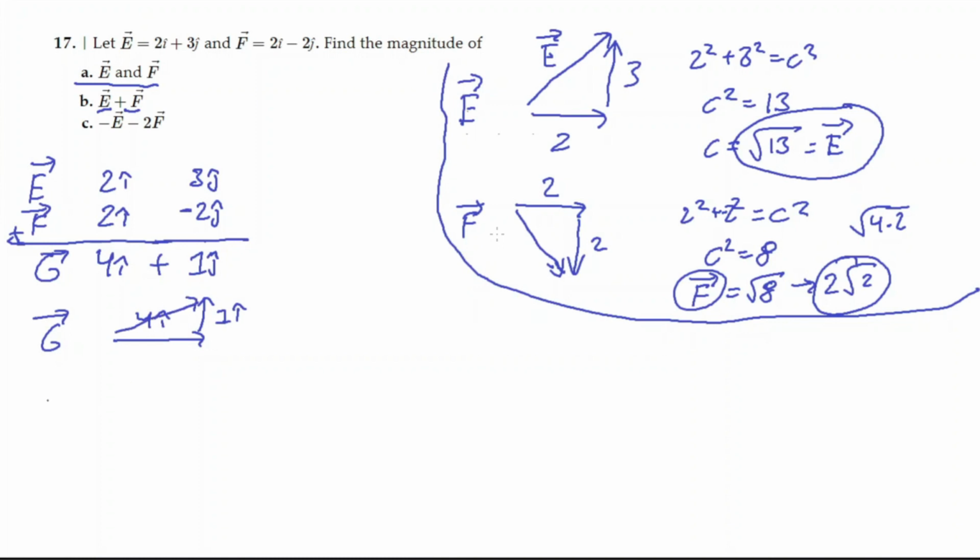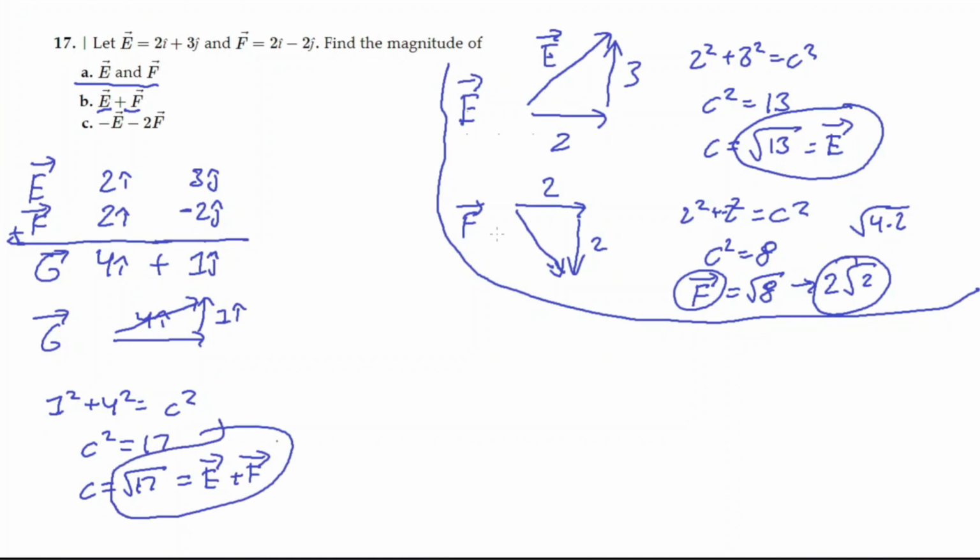If we find the magnitude of that, that would be 1 squared plus 4 squared is equal to c squared, in which c squared is going to be equal to 17. And c is equal to square root of 17, which is also equal to the magnitude of vector e plus vector f. And that would be your answer there.